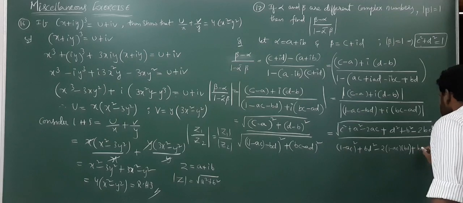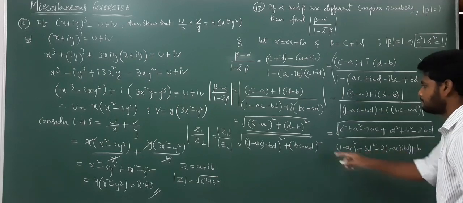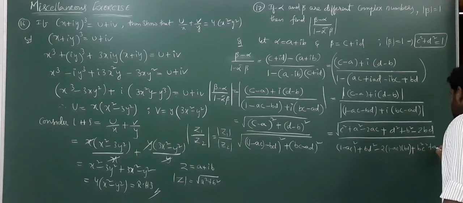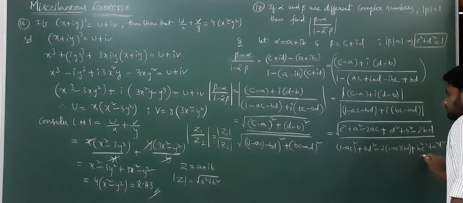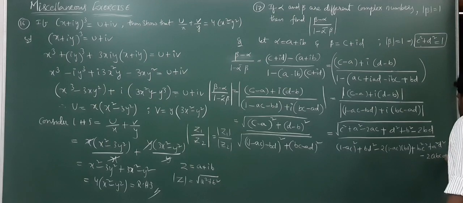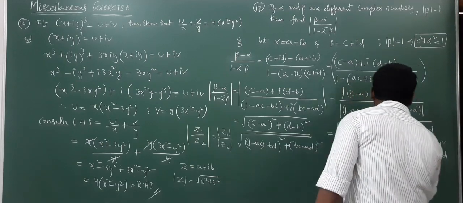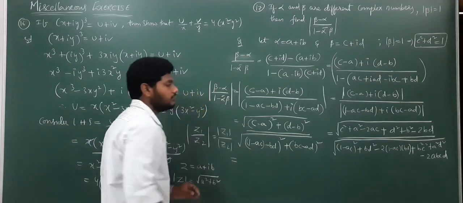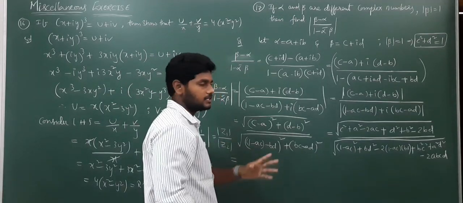This is b square c square plus a square d square minus 2abcd. So this is about the denominator. See, as it is a very lengthy part, but you need to simplify with maximum patience.